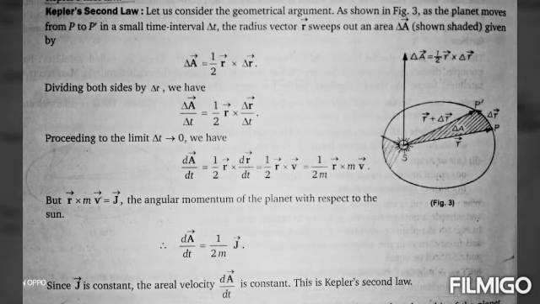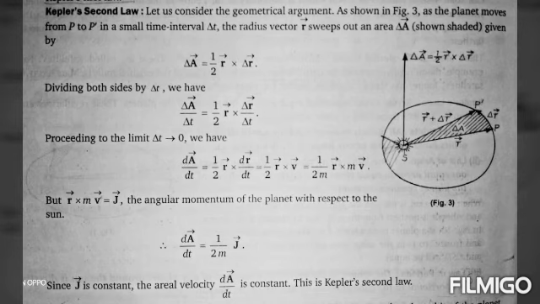As J is constant under a central gravitational force, the areal velocity dA by dt is constant. This is Kepler's second law, whose conclusion is that planets move faster when they come nearer to the Sun, and they move slower when they move farther away from the Sun.